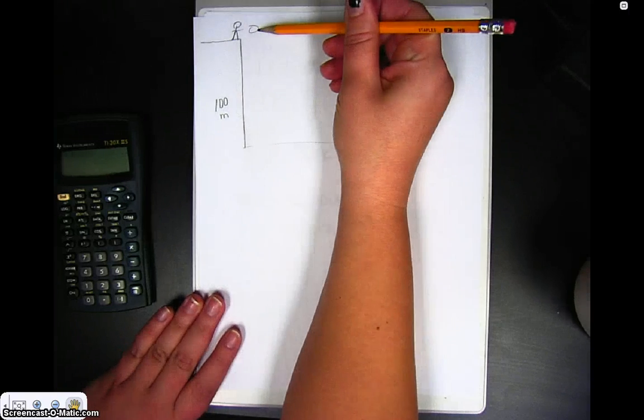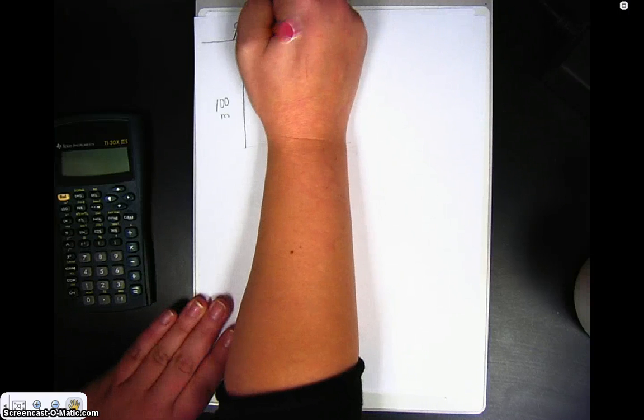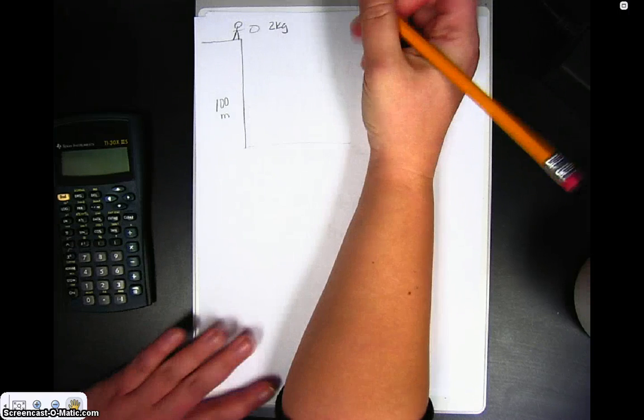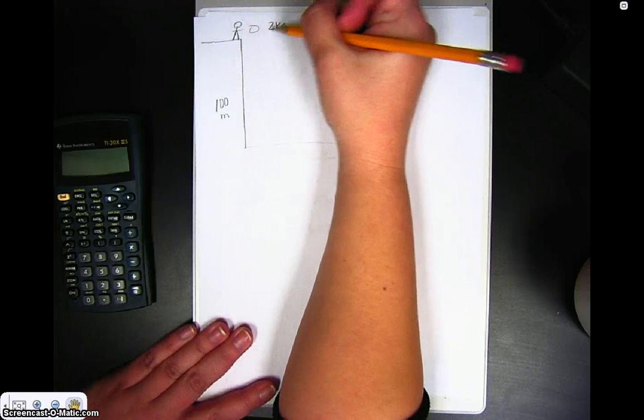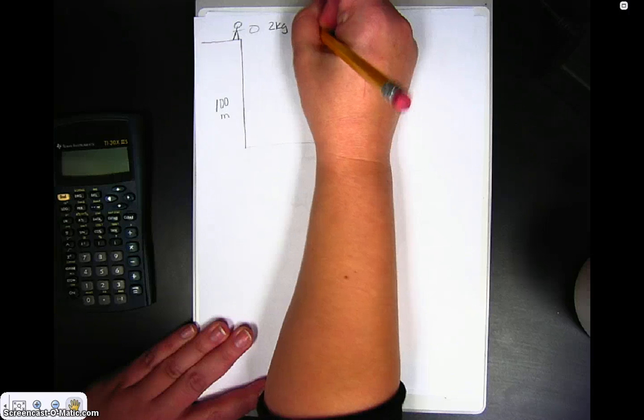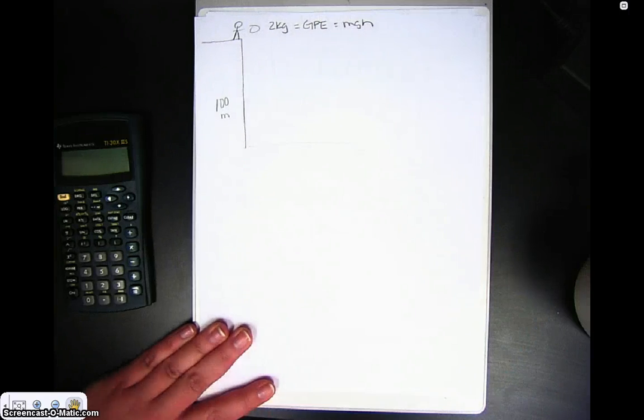So at the top, when you have a ball this high up, and let's just say the ball is 2 kilograms, right? And I have that ball and it's 100 meters up in the air. It has some gravitational potential energy stored, which is equivalent to mgh, right?